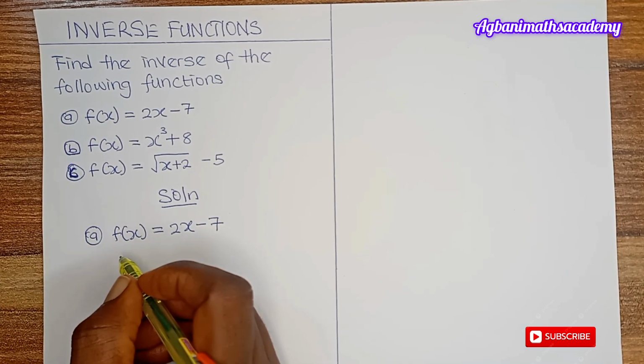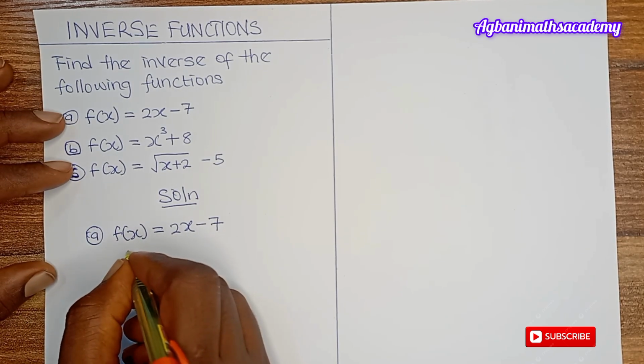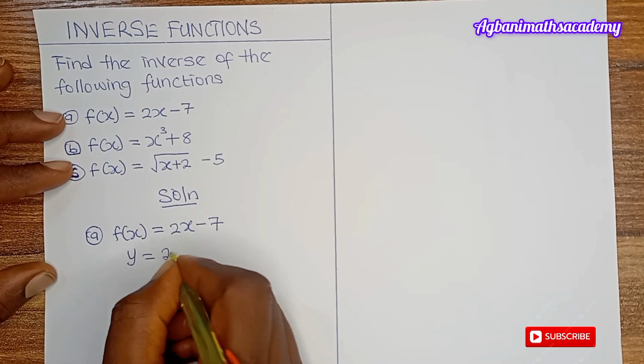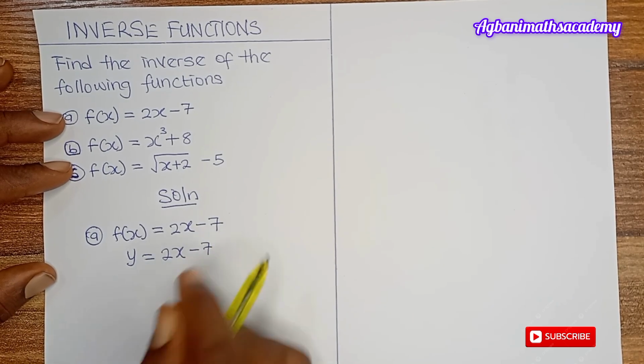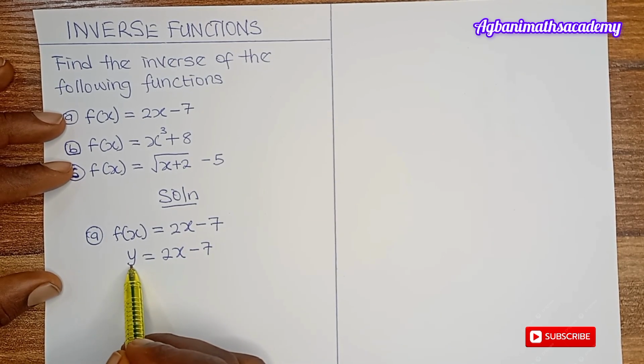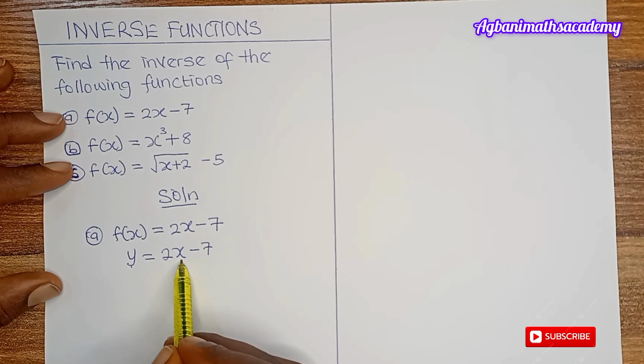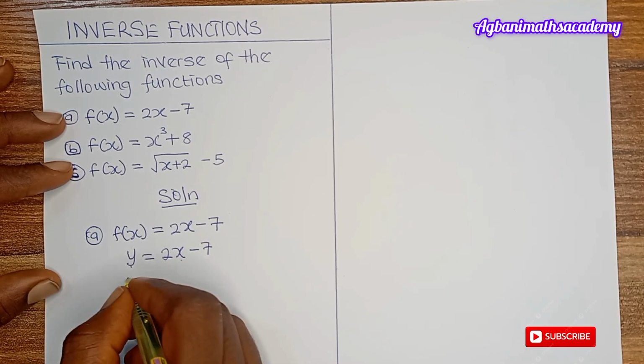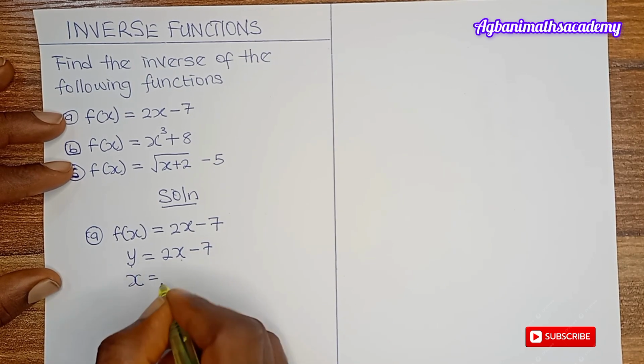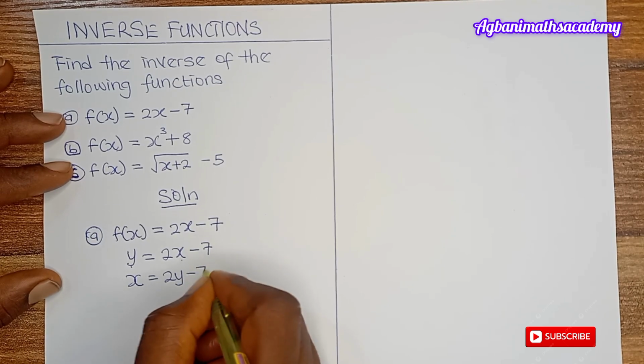F of x is simply the value of y at a particular value of x. So we have y is equal to 2x minus 7. Next thing we're going to do is, where we have y, we're going to put x, and where we have x, we're going to put y.